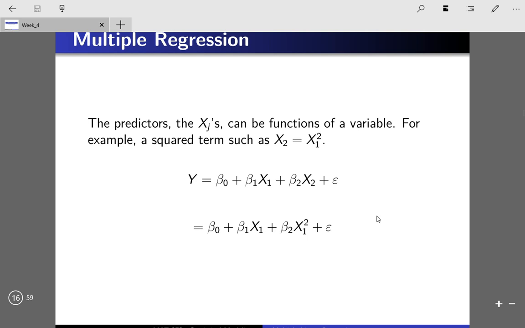So moving on from the ANOVA table, another aspect of multiple linear regression that's important is that we can build or construct new features or new explanatory variables from the ones recorded in our data set. For example, if we have an explanatory variable x1, maybe we think y, the response value, is related to x1 squared.